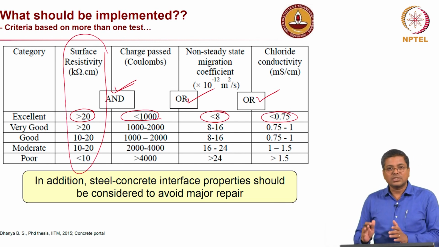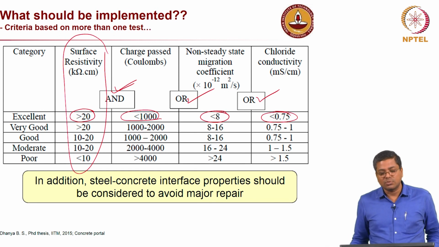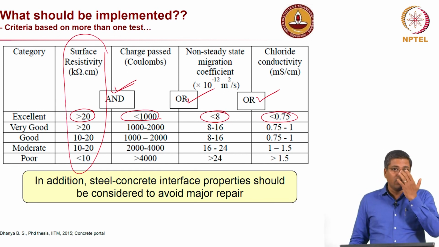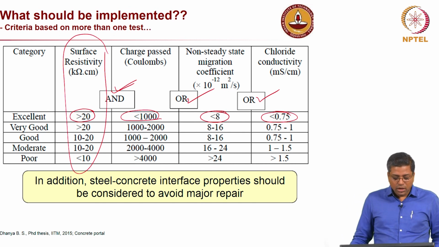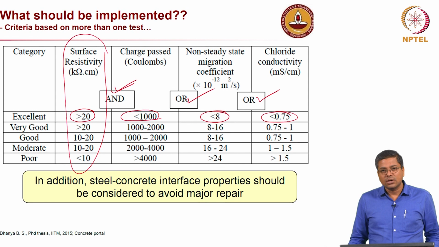So, multiple test methods. In the recent past we are seeing that more and more people are getting serious about doing durability tests, not only compressive strength tests, but other tests are also becoming more and more popular.